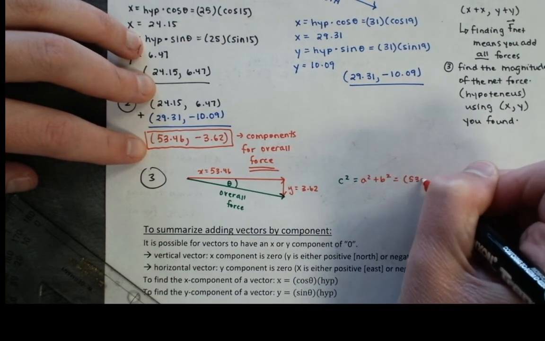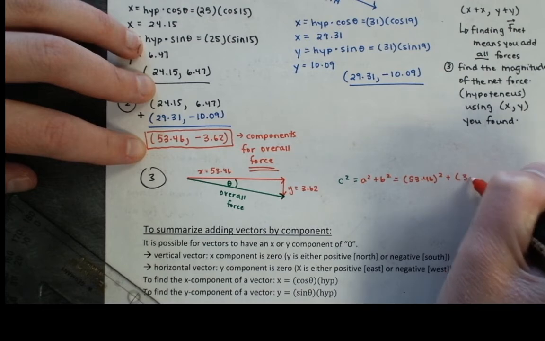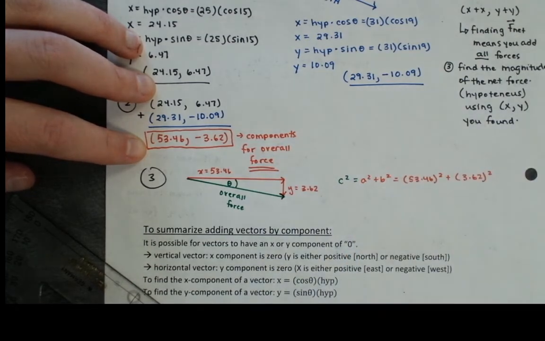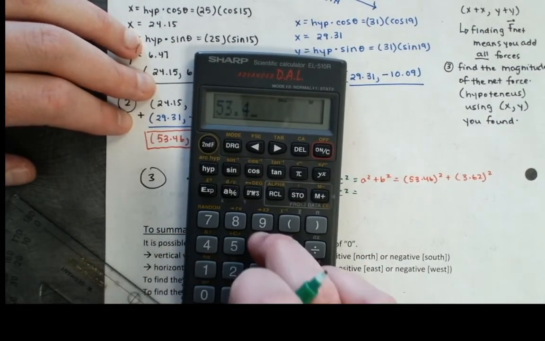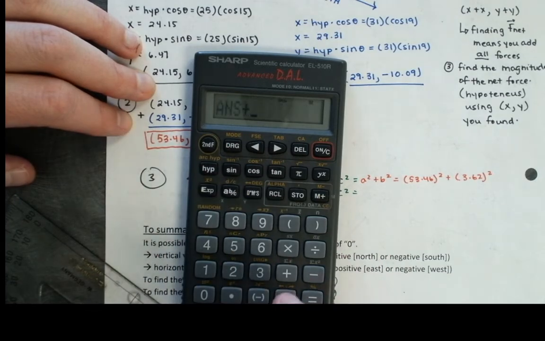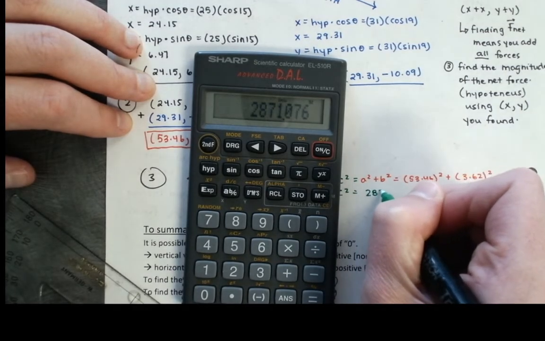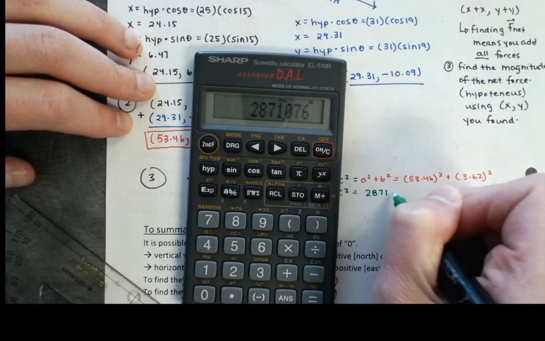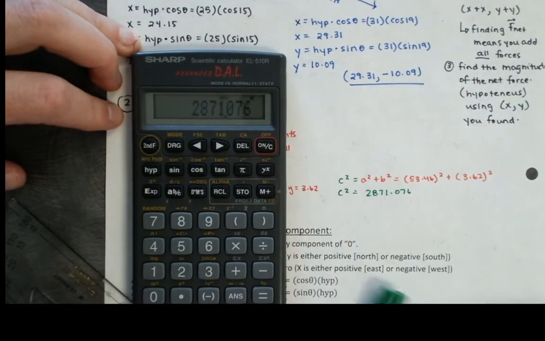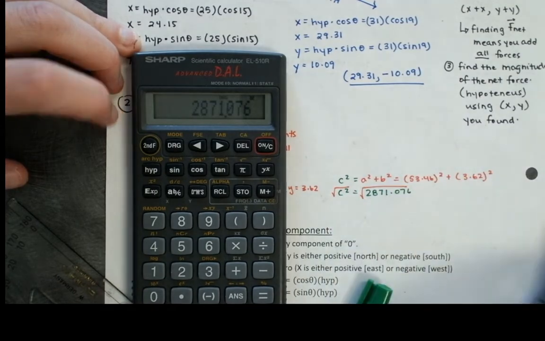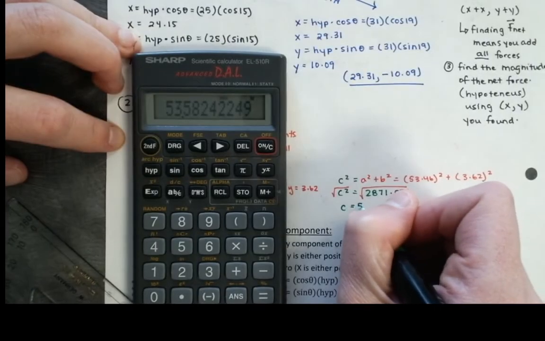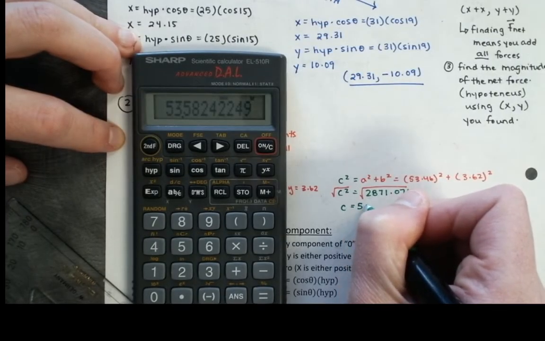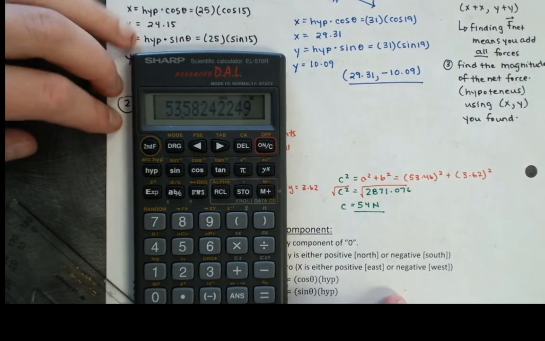A squared, 53.46 squared, 3.62 squared. And we punch that into our calculator. 53.46 squared plus 3.62 squared gives us 2,871.076. Now we are trying to find c, not c squared. Square root both sides. C is 54 newtons.